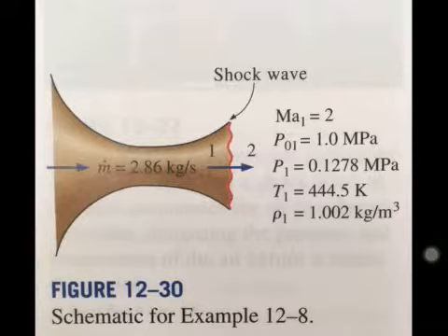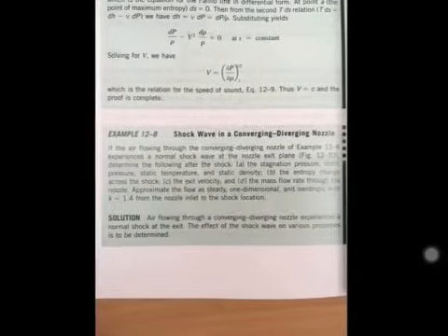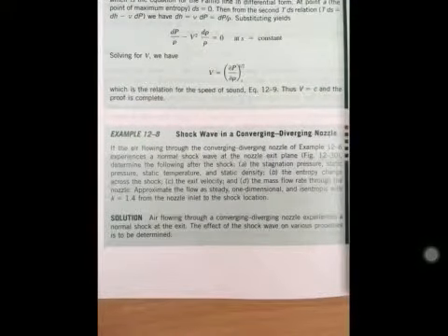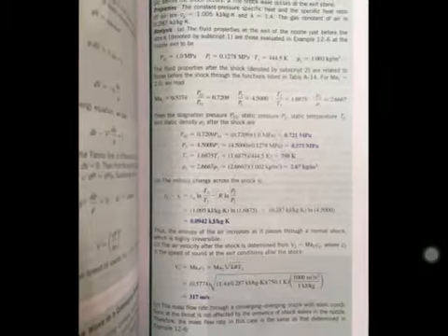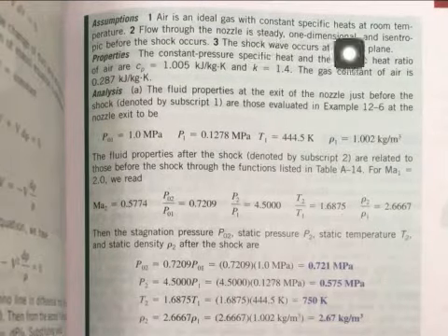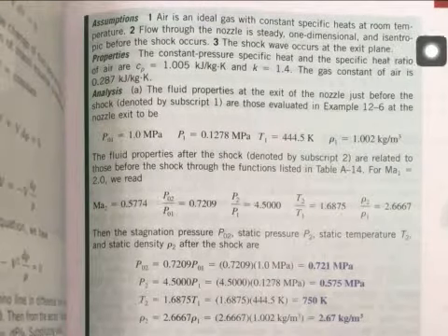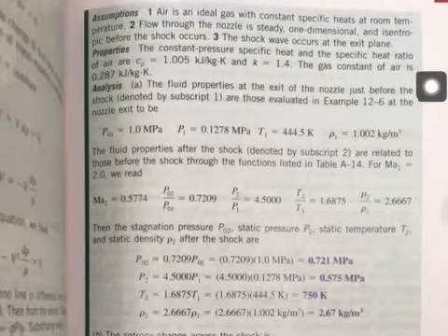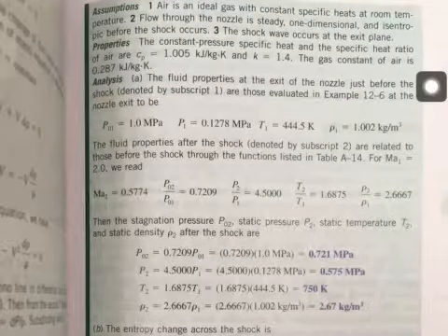Alright, so we go back to the question and how to solve it. We go to the solution. We have some assumptions at the top, and we also have the constants of the ideal gas.